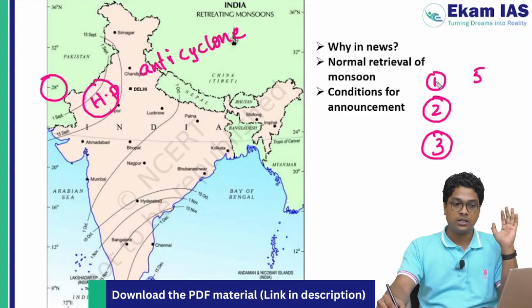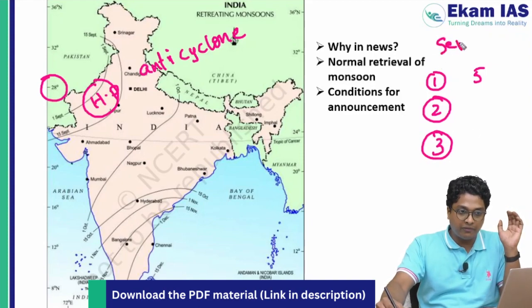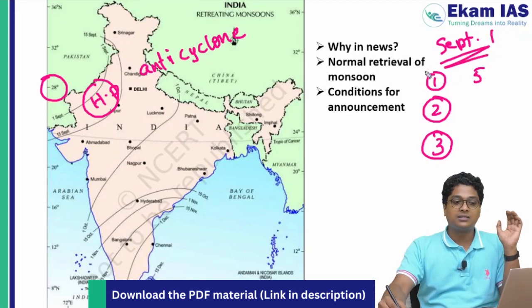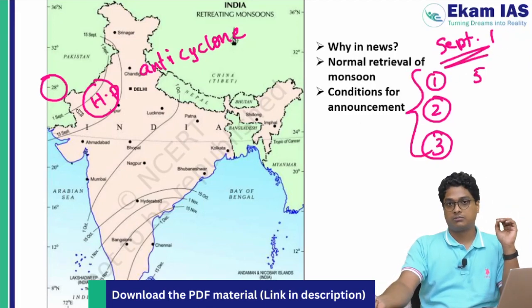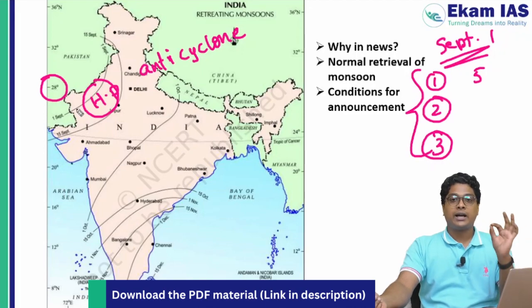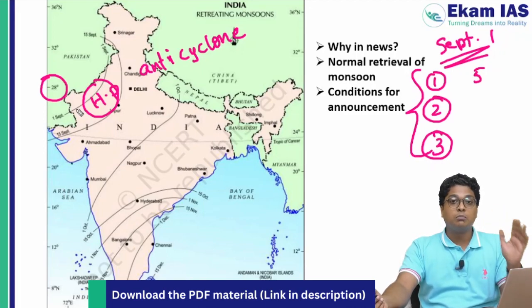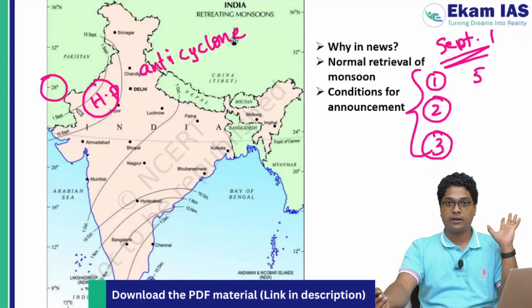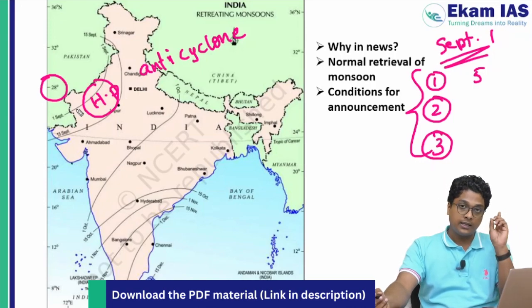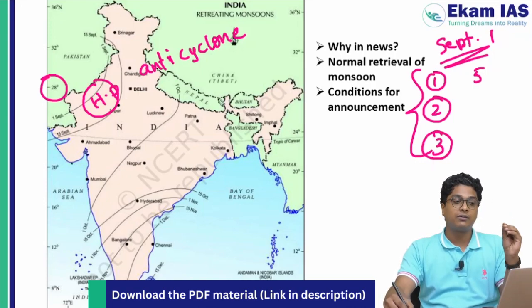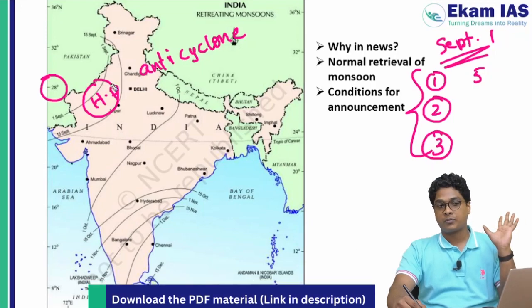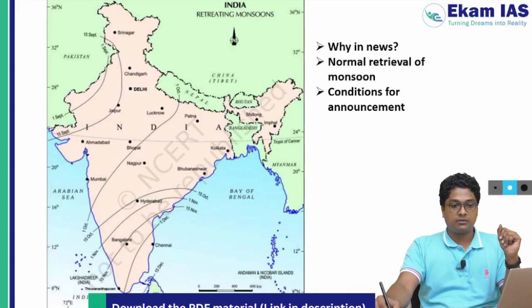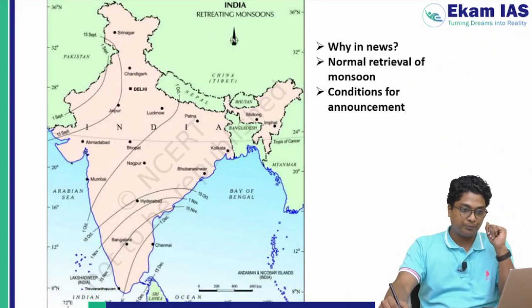So after September 1st, if these three conditions are satisfied, then the IMD will declare that the monsoon has withdrawn from that area. As I told you earlier, the monsoon begins the retreat from western Rajasthan. So those are the conditions for the withdrawal of the monsoon.